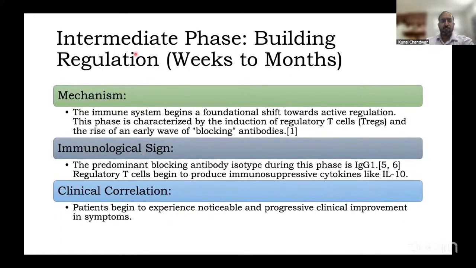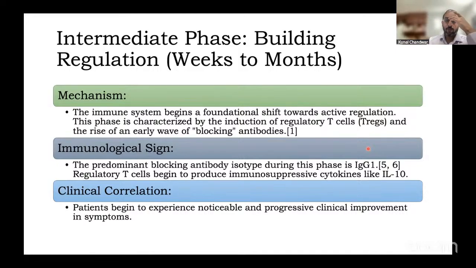In later weeks to months, you shift from an active regulation to a more regulatory phase with the starting of blocking antibodies. The predominant blocking antibody here is IgG1. IgG1 is easier to produce as compared to IgG4, and hence this is the first antibody to be produced. It does not have anti-inflammatory action, but it does the blocking very well.